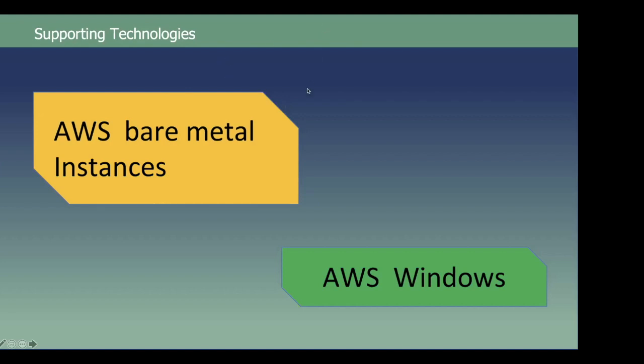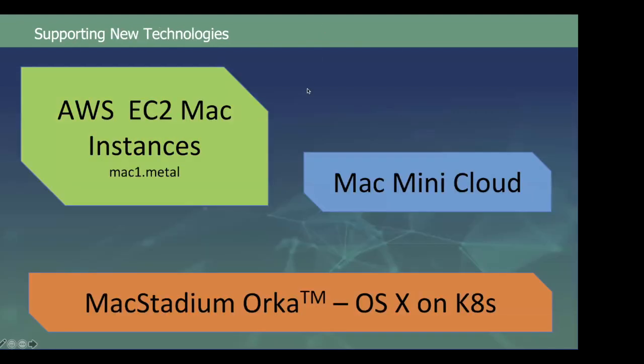And the other one is AWS has released EC2 Mac instances called Mac One Metal. Even though right now, as far as I know, there's no solution to run Mac as a Kubernetes worker node. I'm sure somebody is working on it, and that will be a thing of the past soon.